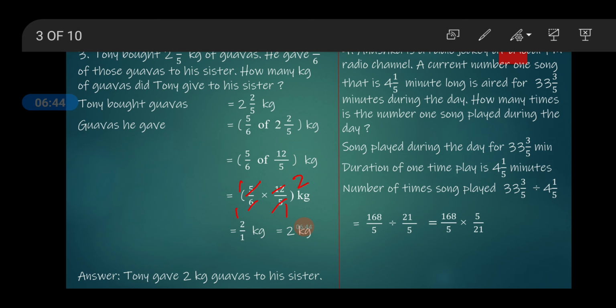Now here, 5 comes as a denominator and as a numerator. So we cut 5 with 5 and write down 1. 168 is also divisible by 21. So we divide 21 and 168 by 21. So here 1 and here 8 comes.